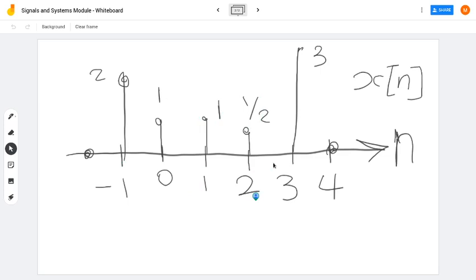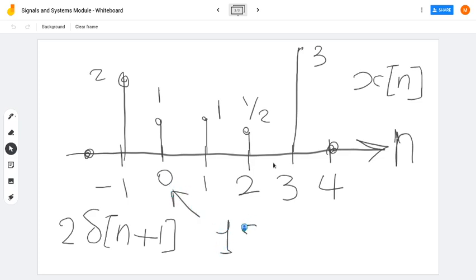So this signal can be represented as 2 times an impulse delta of n plus 1. This impulse, delta of n plus 1, is actually happening at instant n equals minus 1, and it's weighted by the constant 2. And here we have an impulse at 0, so we have 1 times delta of n.